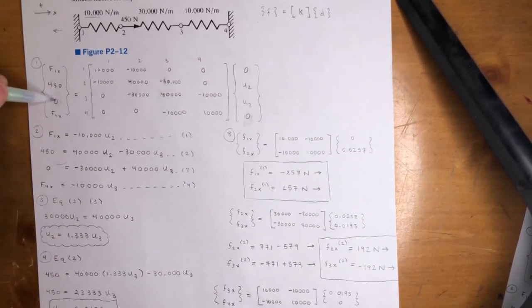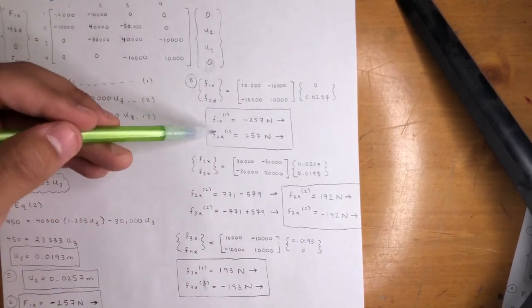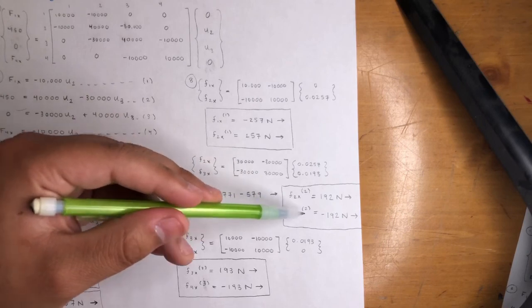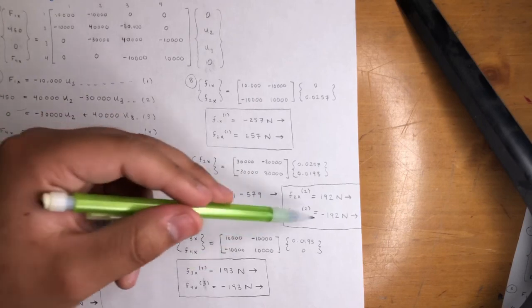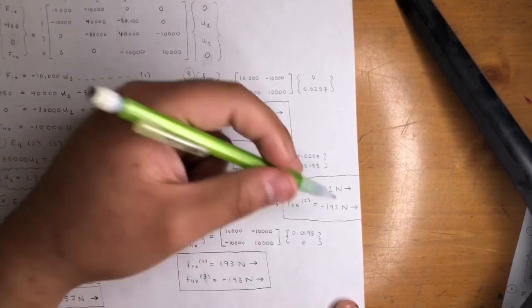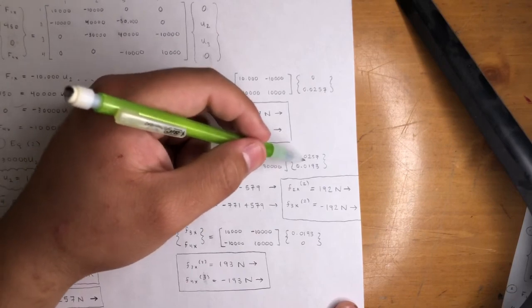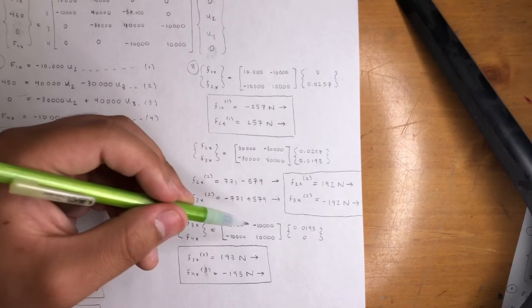F3x is 0, so add up all the F3s here. None here, none here. One right here, negative 192. F3x right here, 193. Add them, and you just get 1 newton, 193 minus 192, but that's only because of the rounding error. That's 0 pretty much.